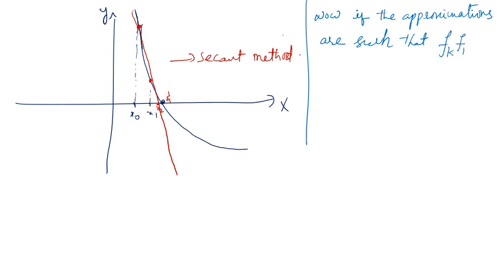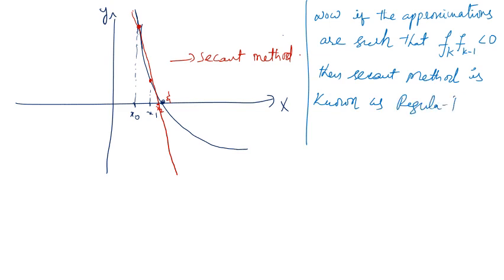The condition is f_k times f_{k-1} less than 0. Then secant method is known as regular falsi method.